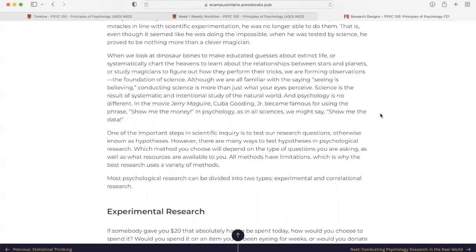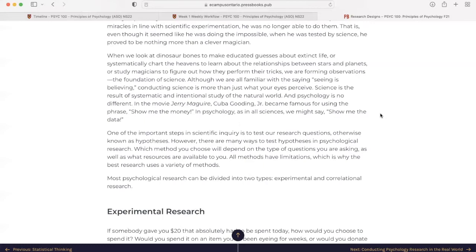Science is a result of systematic and intentional study of the natural world, and psychology is no different. In the movie Jerry Maguire, Cuba Gooding Jr. became famous for using the phrase, "Show me the money." In psychology, as in all sciences, we might say, "Show me the data."